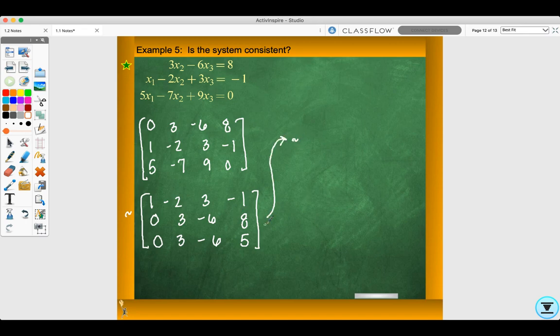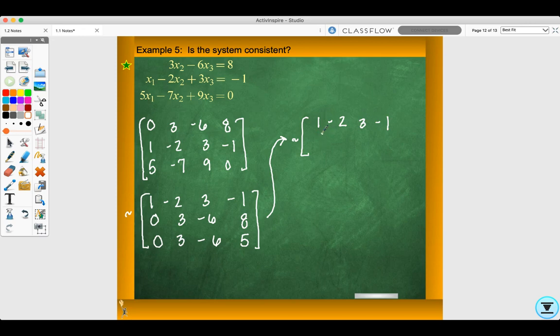Now I'm going to take negative row 2 and add it to row 3. My top row, I'm not doing anything to: 1, negative 2, 3, negative 1.